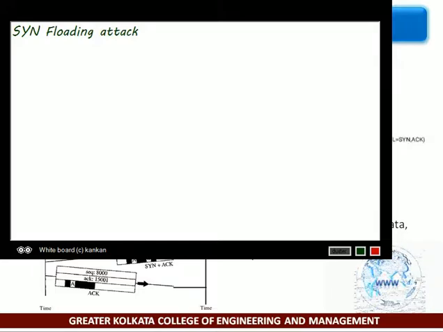This happens when a malicious attacker sends a large number of SYN segments to a server, pretending that each of them is coming from a different client by faking the source IP addresses in the datagram.